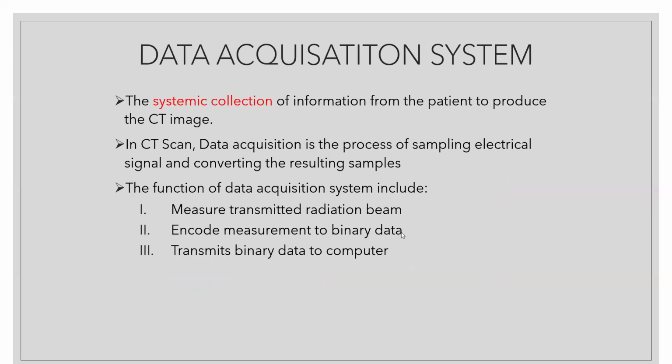Coming to the data acquisition system, it is a systematic collection of information from the patient to produce a CT image. CT data acquisition is a process of sampling the electrical signal and converting the resulting sample. The functions of a data acquisition system include measuring the transmitted radiation beam, encoding measurements to binary data, and transmitting the binary data to the computer.